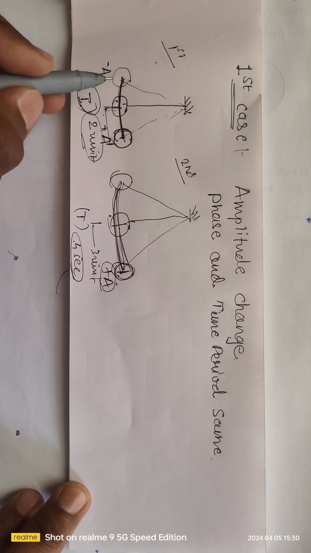Now for the second case, we change the amplitude, but the phase or phase constant and time period remain the same. So our amplitude will be 3 units. It is 1 unit, 2 units, and here is 3 units, and we denote it as plus B. 1 unit, 2 units and 3 units, it is minus B. So for one period of time, our wave representation is like this.